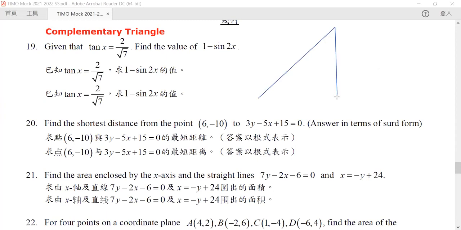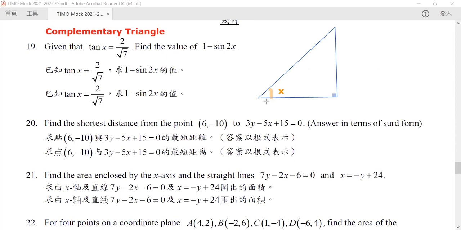Now, let's call our angle x here. This is a right angle triangle. We want to construct it such that this angle is equal to x.